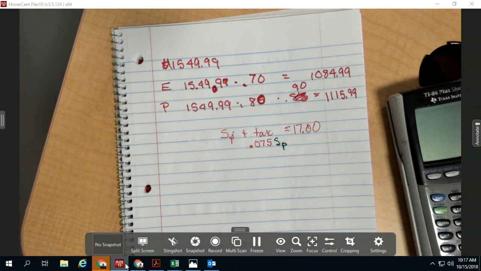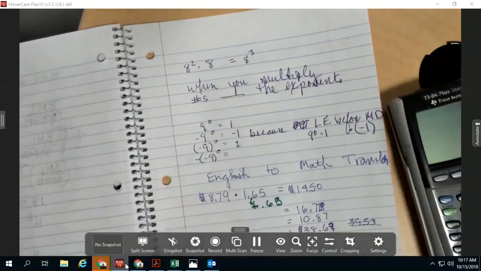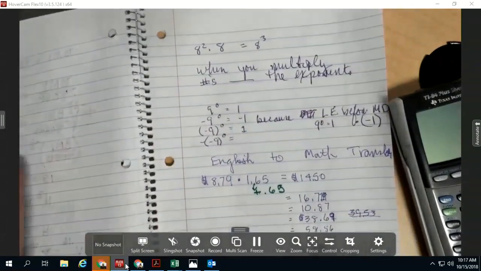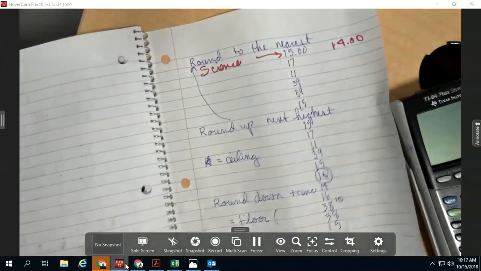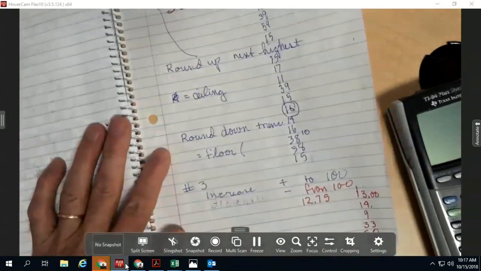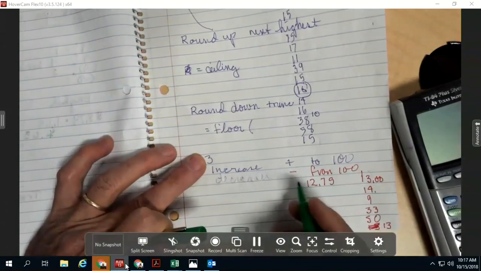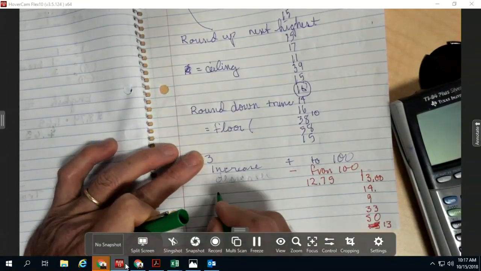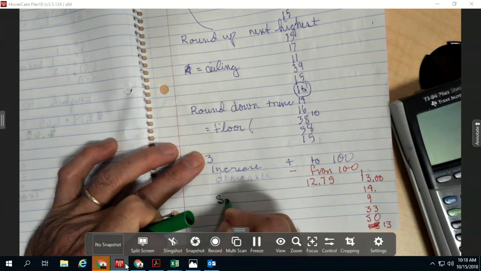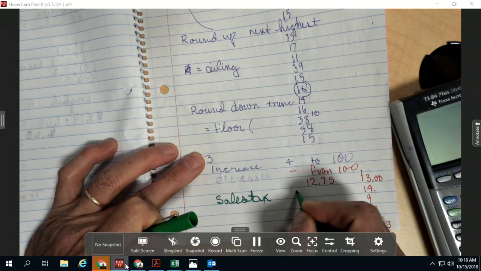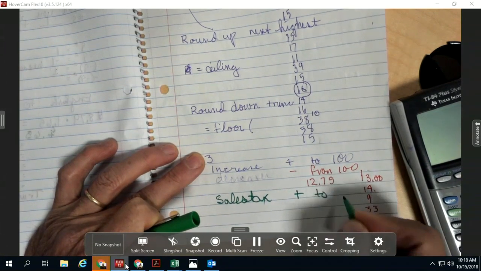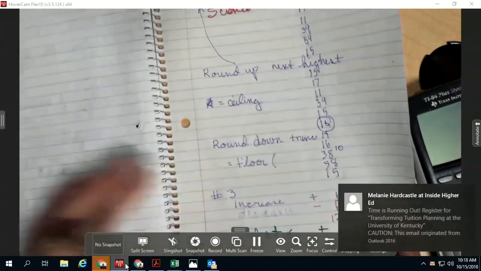So, in other words, this is another case where we're going to do what? Where did we write it? I know we did someplace. Here it is. Increase, you add to 100%. Sales tax would be another place, right? You're going to add to 100%.